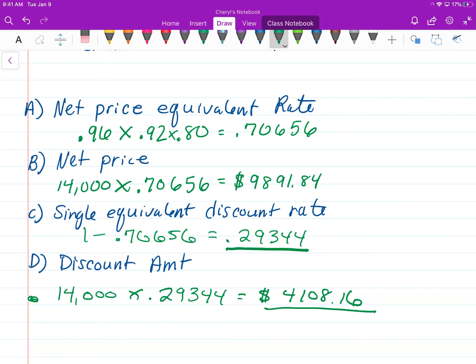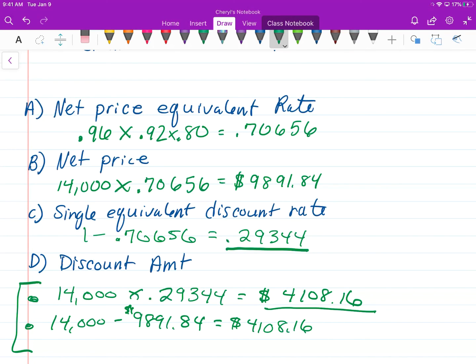So if you start with 14,000, but you're paying $9,891.84, the difference has got to be your discount amount, which is $4,108.16. So this you can calculate either way. That's totally up to you.